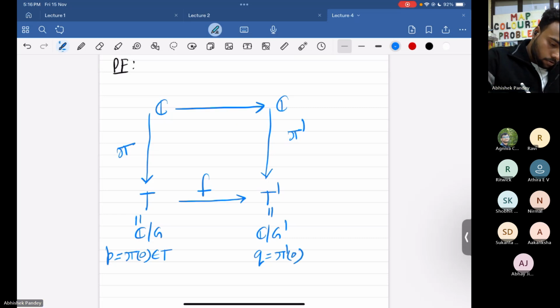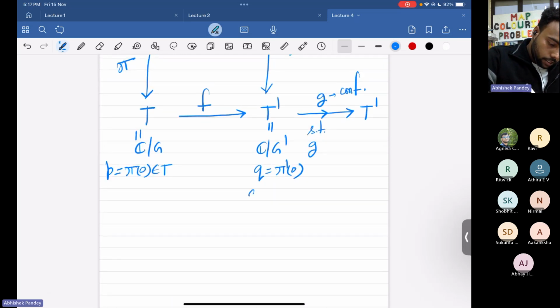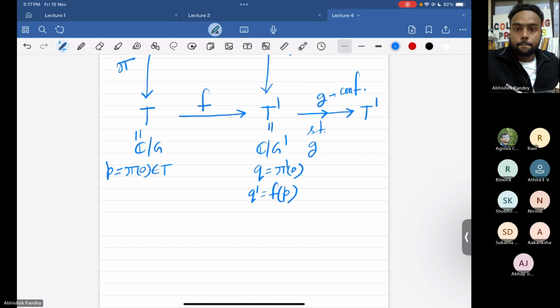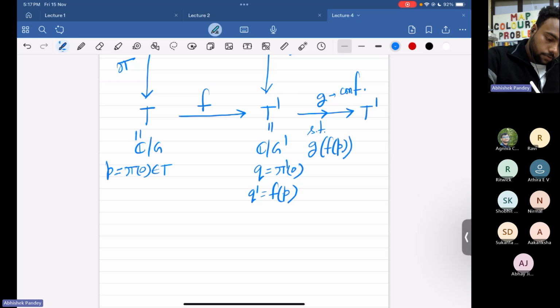Now, by the previous lemma, we can find a conformal map G. Take a point Q dash, which is basically F of P. So we can find a conformal map G which maps F of P to Q. This is by lemma 2.